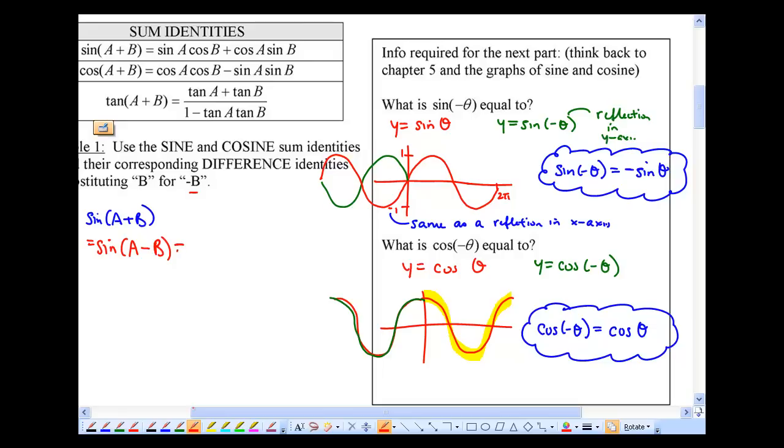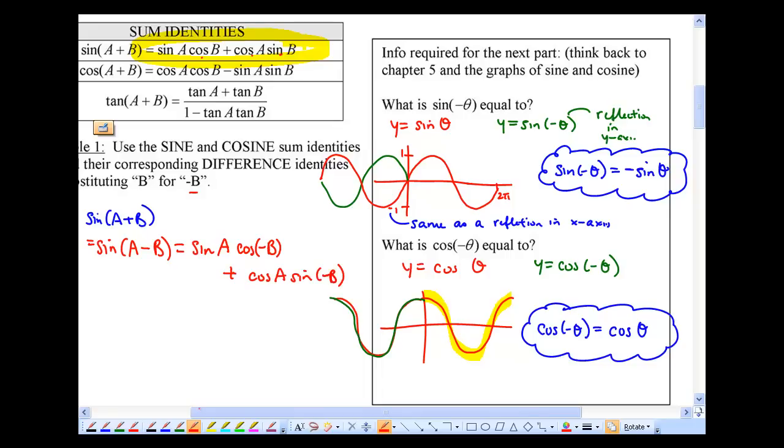Now what that means is in each of these terms above here, wherever I see b, I will replace it with negative b. So sine a, cosine negative b. By the way, I hope you know where I'm looking. I'm looking up here right now, okay? Plus cos a sine negative b.